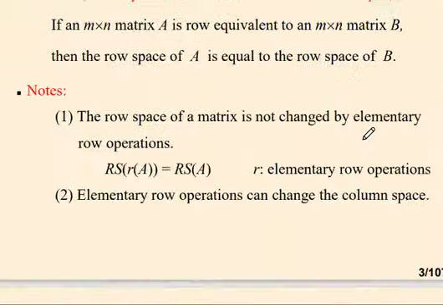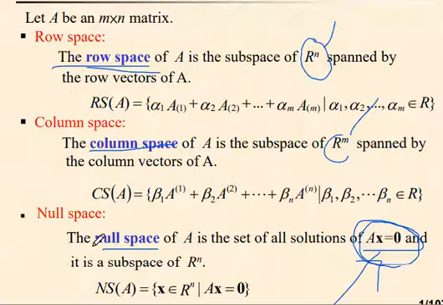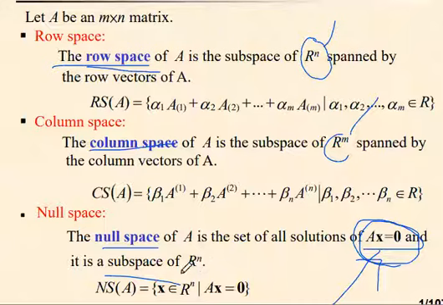All right, then this one is a subspace. The set of solutions to this homogeneous system is a subspace of R^n, which is called the null space.